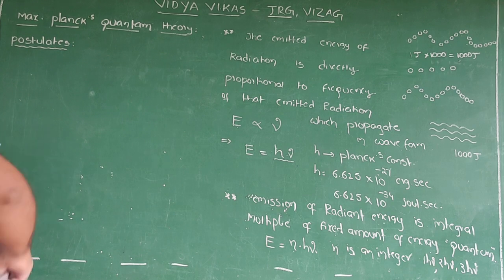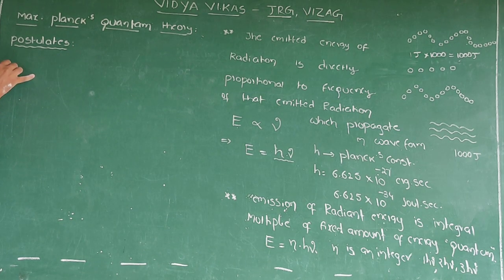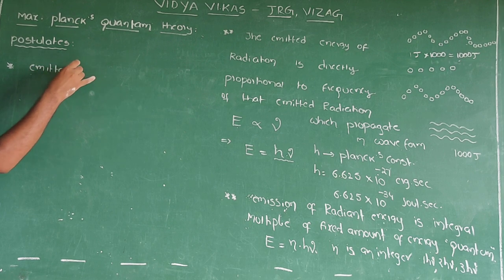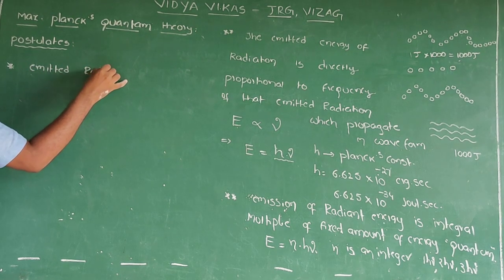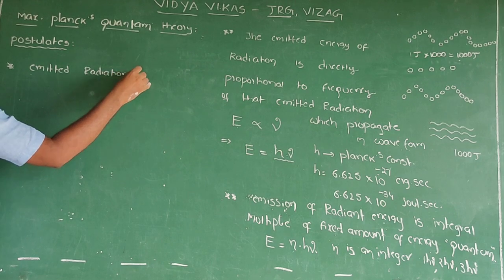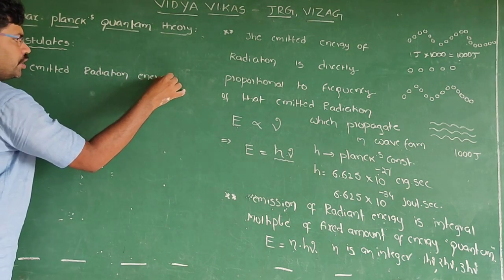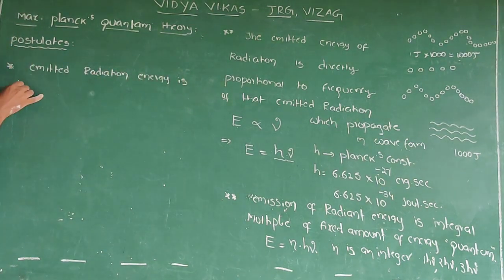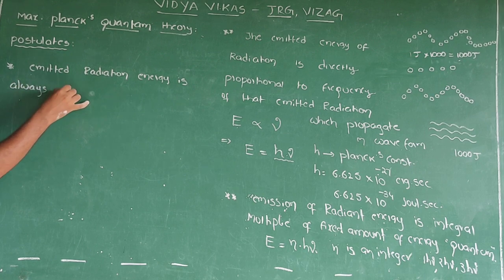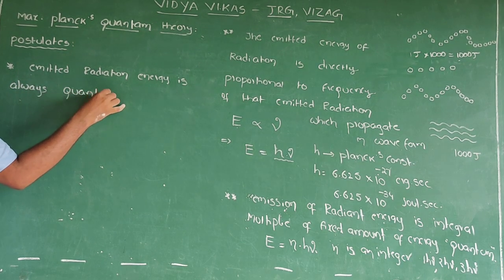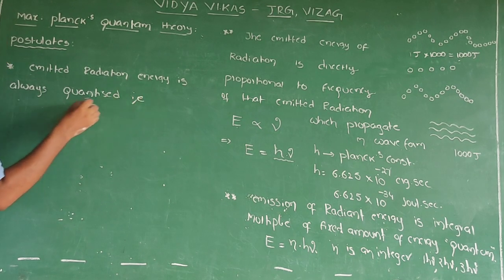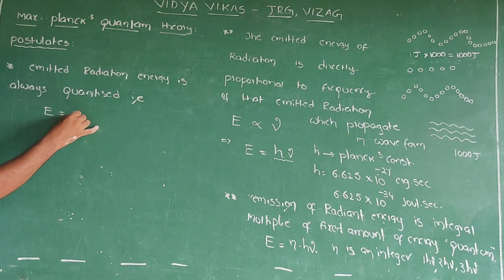And that's why, students, according to Max Planck, the emitted radiation energy is always quantized and having its value E is equal to n h nu.